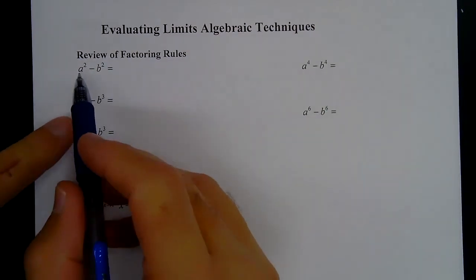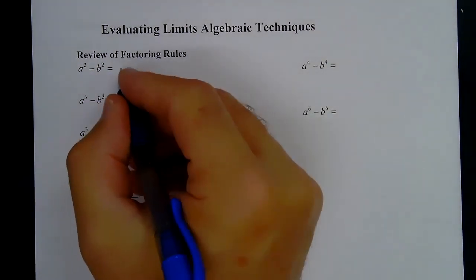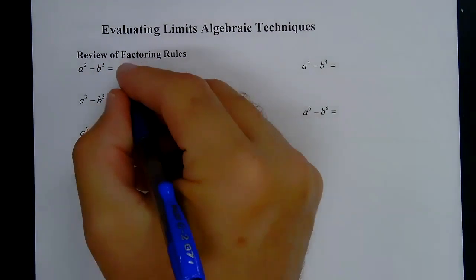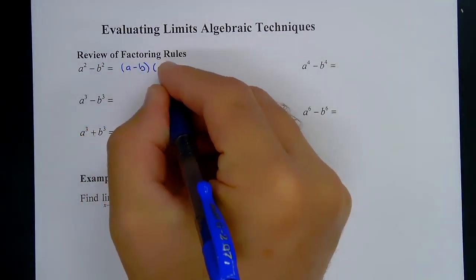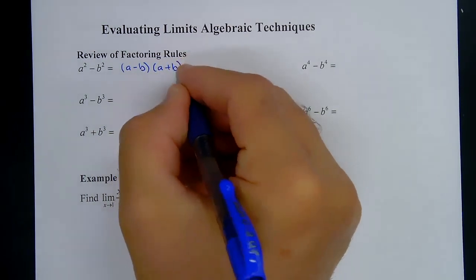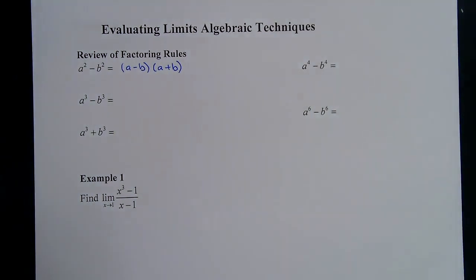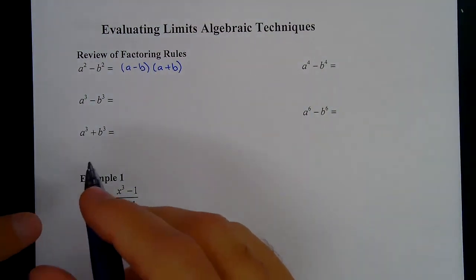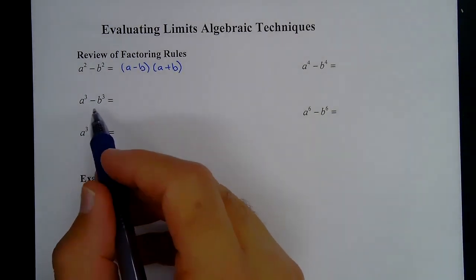So a squared minus b squared, that's a difference of squares, okay? So this factors into a minus b times a plus b, okay? A cubed minus b cubed, that's a difference of cubes.